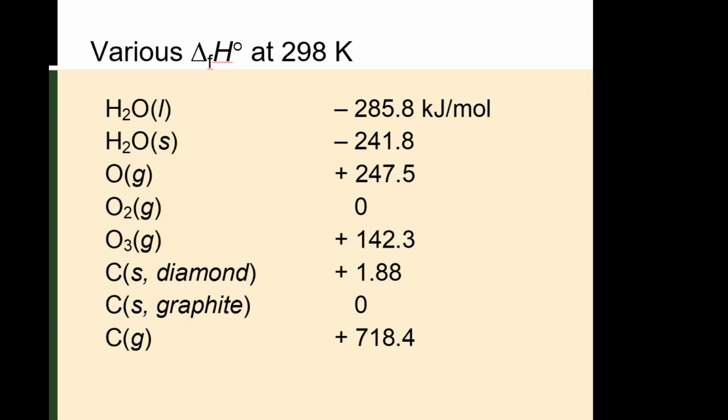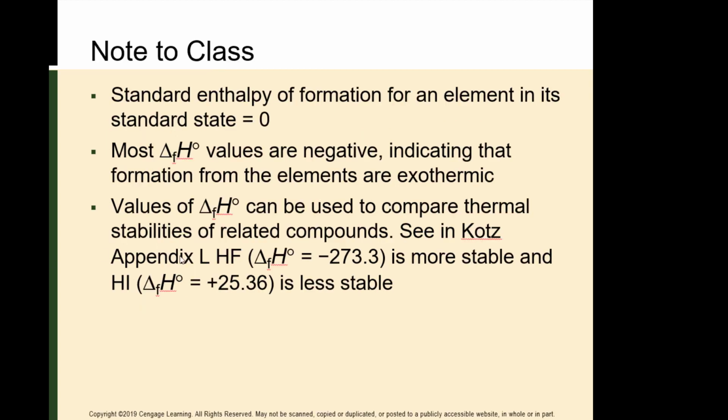Most delta H values are negative, indicating that forming most compounds from the elements is exothermic. Very few values are positive, and those represent compounds that are pretty unstable with respect to decomposition to the elements. So these couple that are positive are pretty unstable. And so we just covered this one, that elements are 0, most are negative.